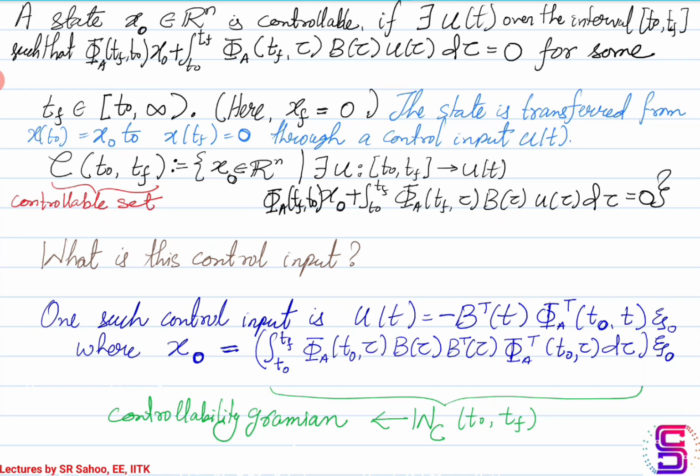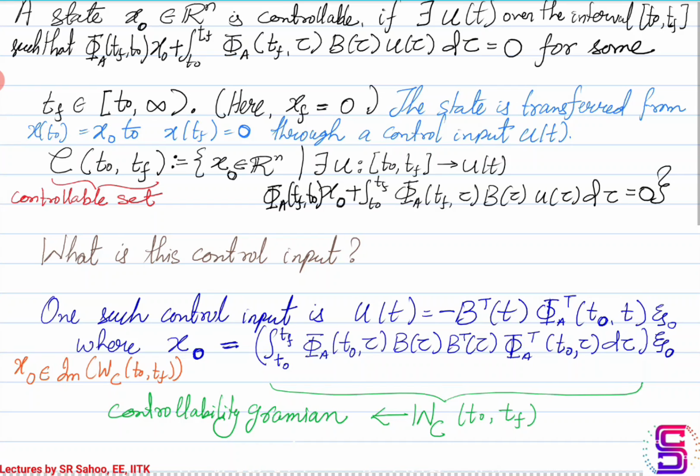The set of all those points for which there exists a control input that can transfer the state from x0 to 0 at t equal to tf is known as the controllable set. That is what has been formally put here: x0 belonging to Rn such that there exists a control input which satisfies that the solution trajectory at t equal to tf starting from x0 should be 0.